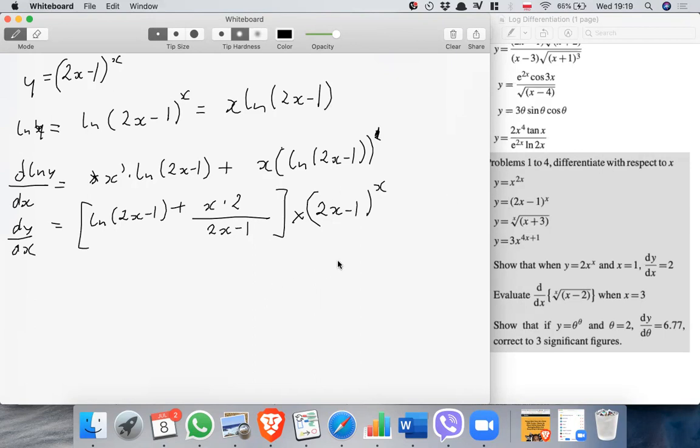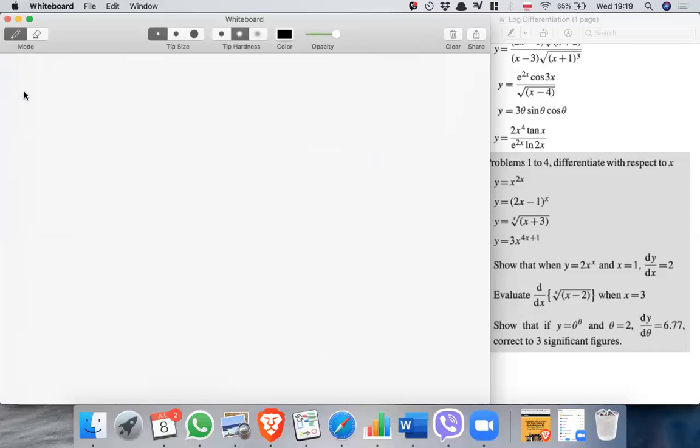So for the next one, what I'm noting is that this is a derivative of a root-like expression, I guess. So y is equal to the x-th root of x plus 3. Not too difficult. But that will turn into (x plus 3) to the power 1 over x.